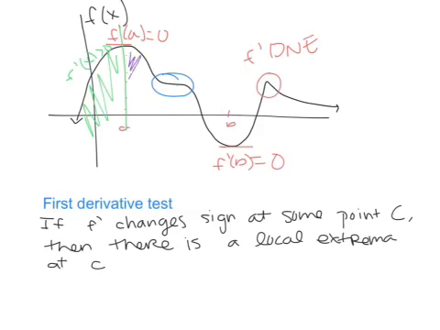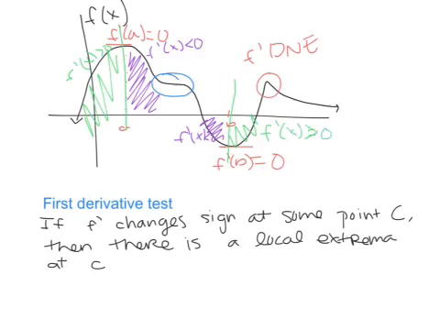In the other region, our derivative is negative. And the same is true at point B, but in this case it's the opposite. Our derivative here is negative, and then it goes to being positive, greater than 0.